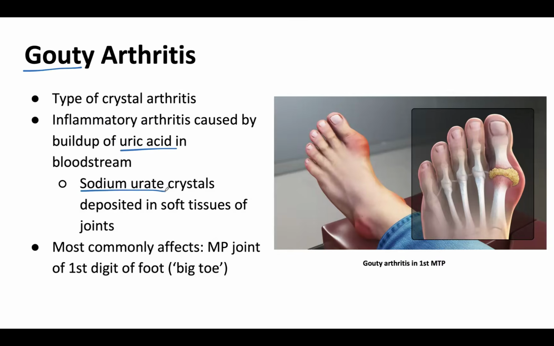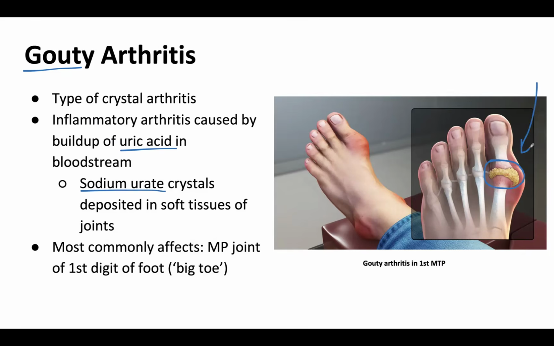The most commonly affected joints are going to be the metatarsophalangeal joints of the first digit in the foot, so that big toe. But also it can affect other joints. It can affect the ankles, elbows, knees, and wrists, but it's really this joint here that you see as the main example of where gout can present.